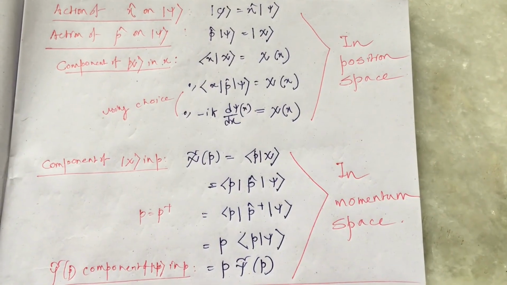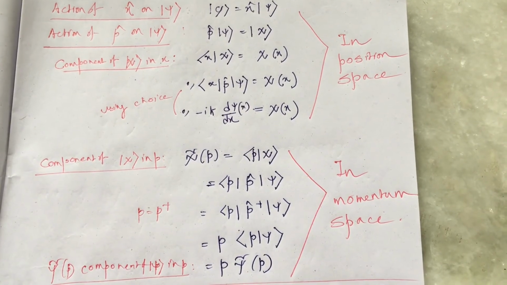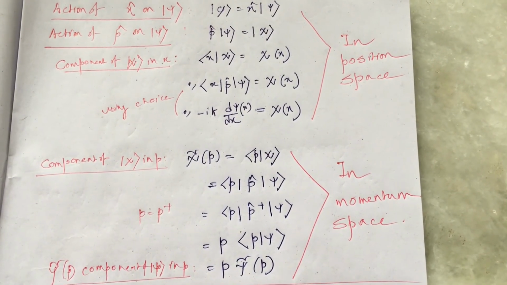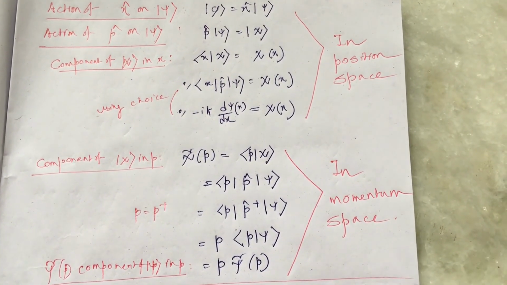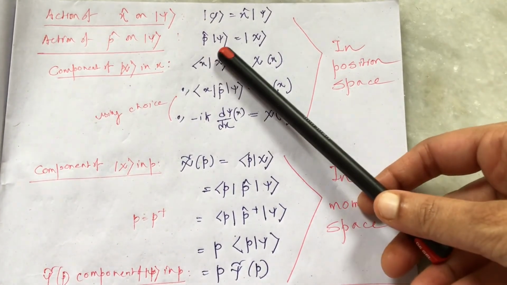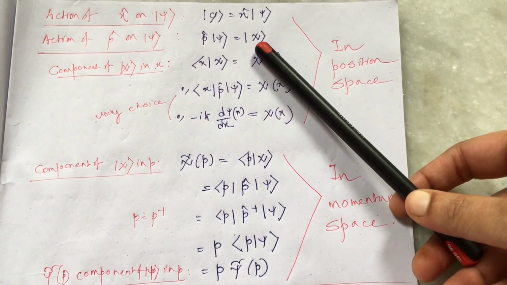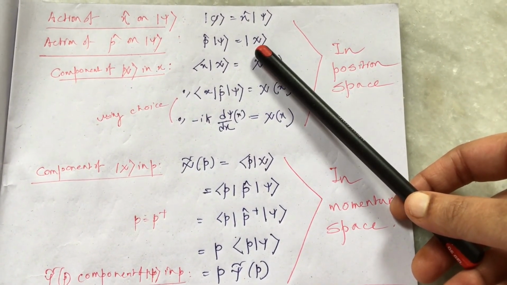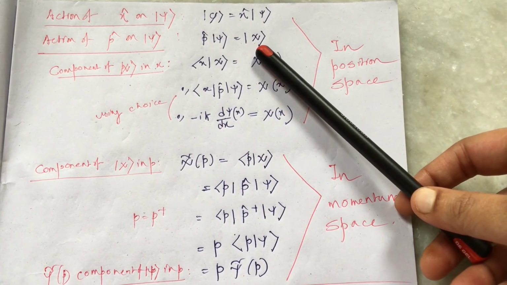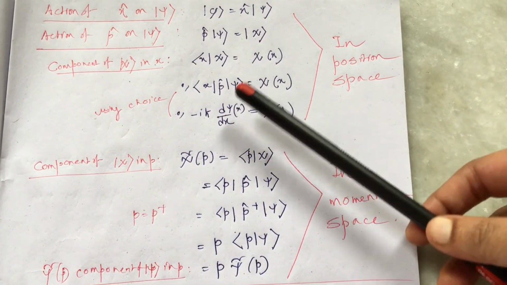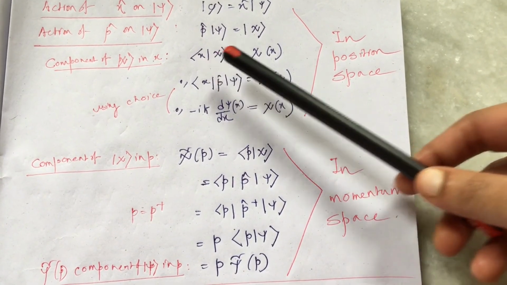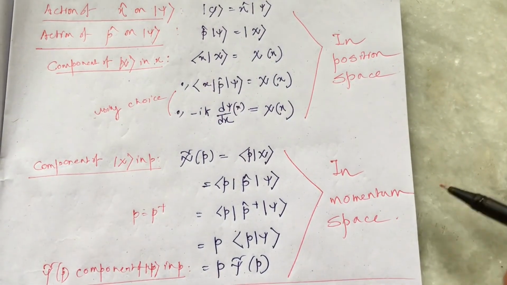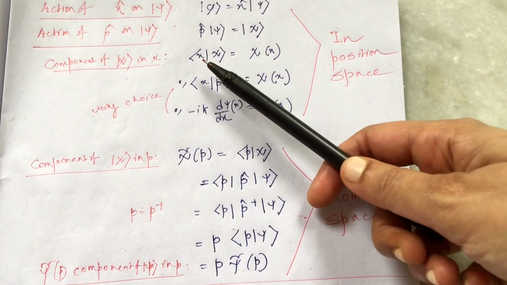Here I have also written what we have learned so far in both position space and momentum space. When we operate the p operator on psi, we get another vector, another state, which is called chi, and the component of chi in position space, as I am in position space, has this bra vector written as <x|.